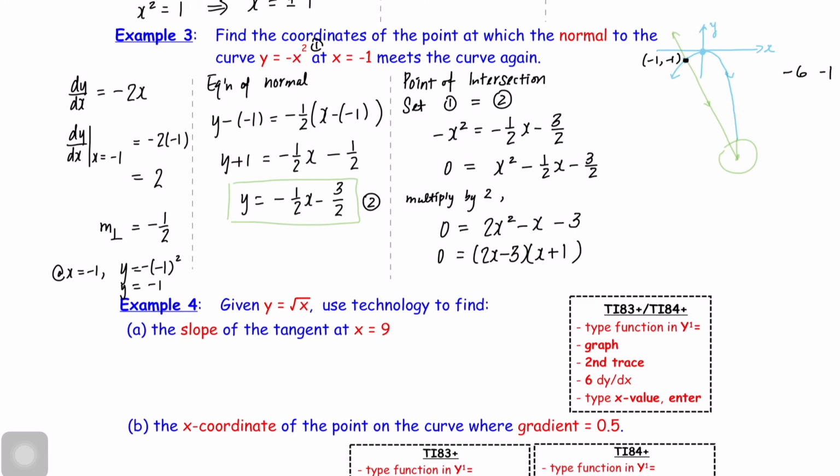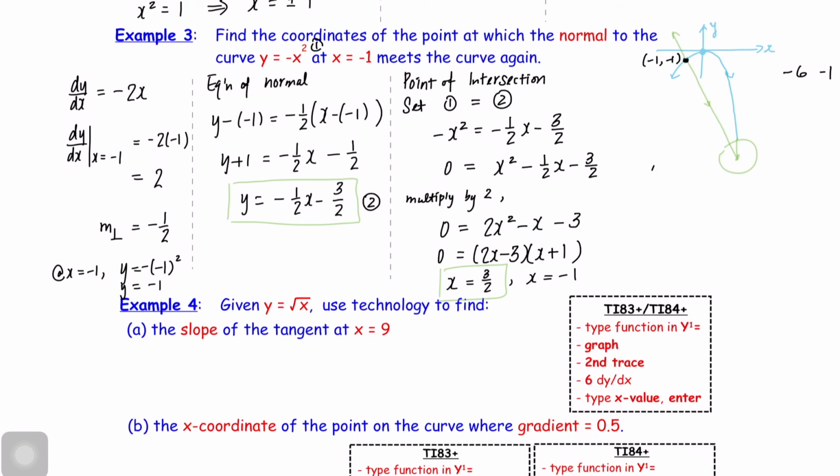Meaning that I can actually have a point of intersection at x equals 3 over 2 or x equals negative 1. So the x equals negative 1 we already know, which means that the POI will occur at x equals 3 over 2. So let's put a box around this because this is important.